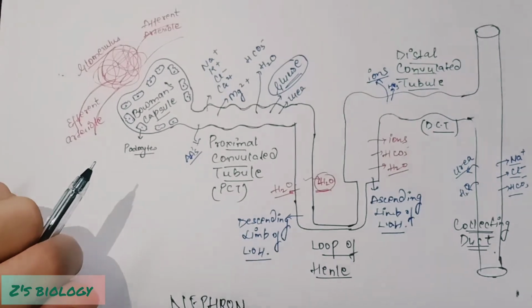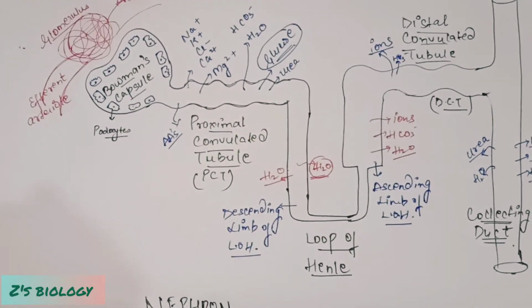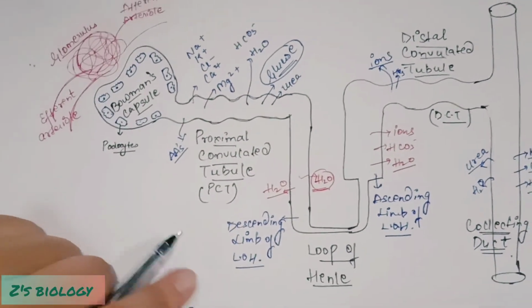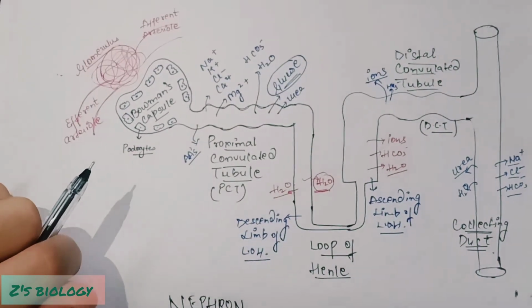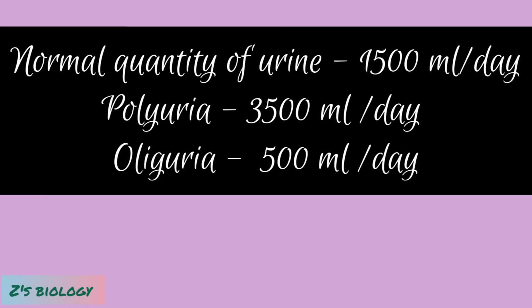If a person is producing more urine, more than 1 to 1.5 liters a day, approximately 3500 ml per day, that condition is known as polyuria. And there is another condition, oliguria, production of a low amount of urine, approximately 500 ml per day.